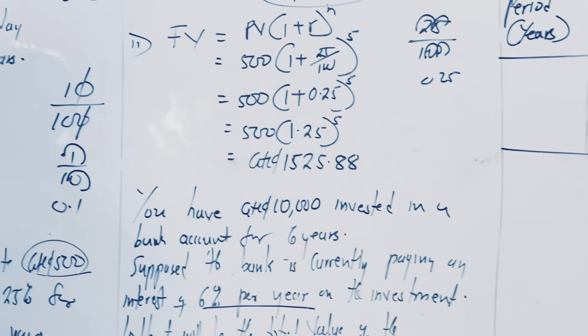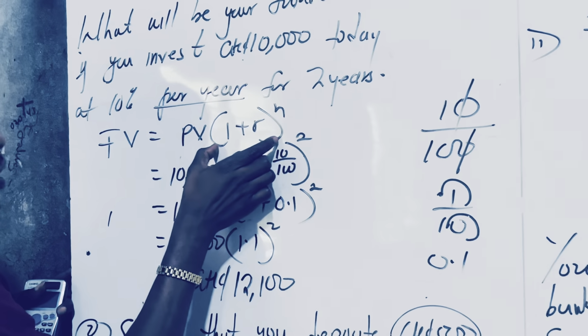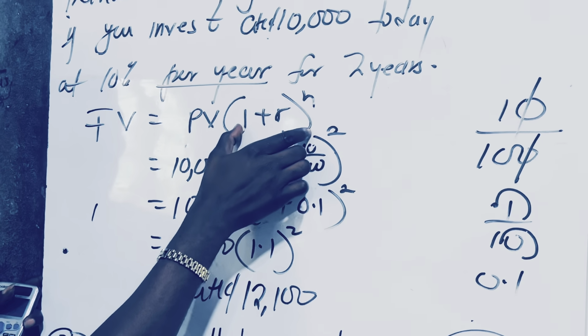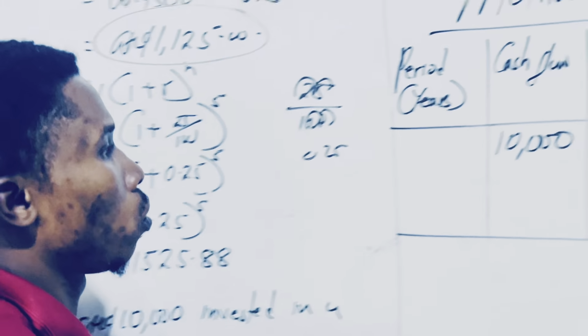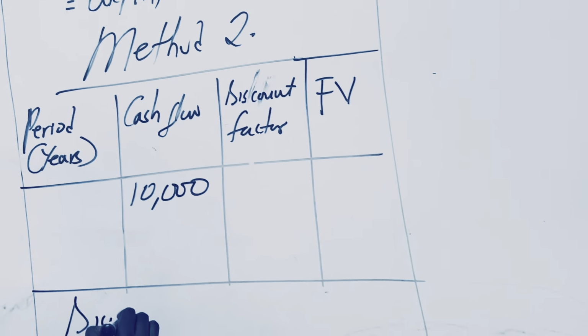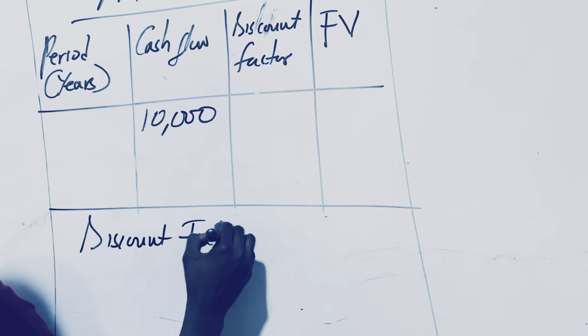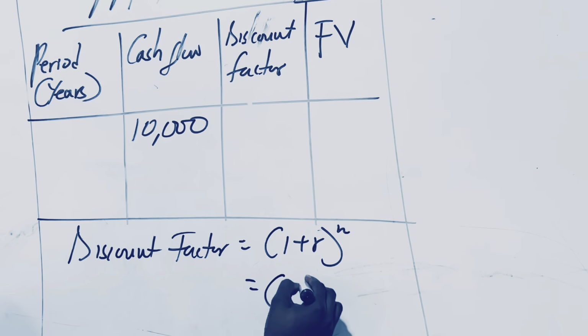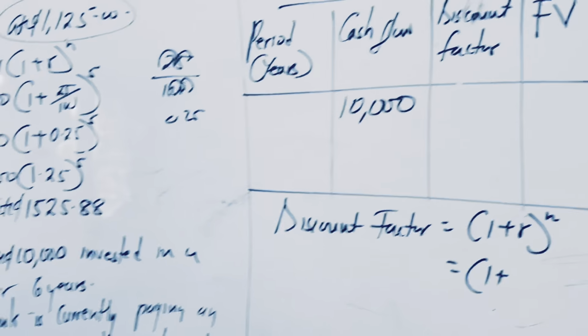When you look at the formula, this 1 plus r in brackets raised to the power n is your discount factor. So my discount factor can be given as 1 plus r raised to the power n, where r is the percentage given.